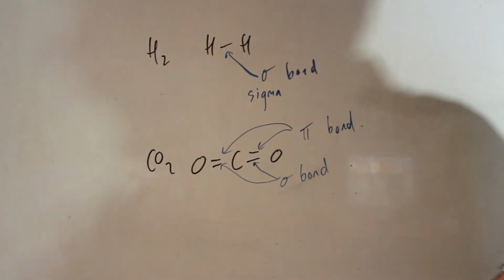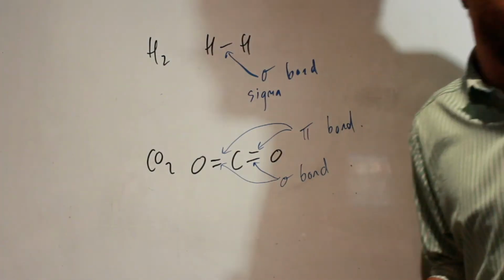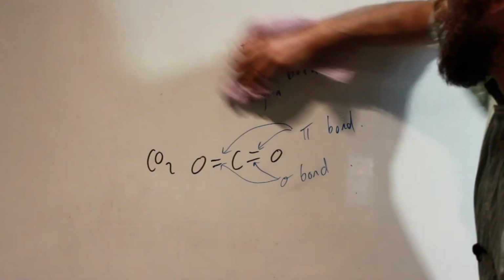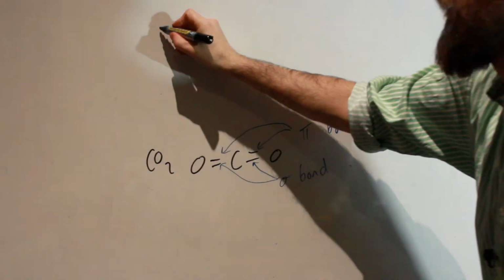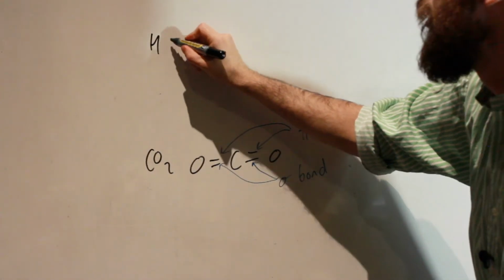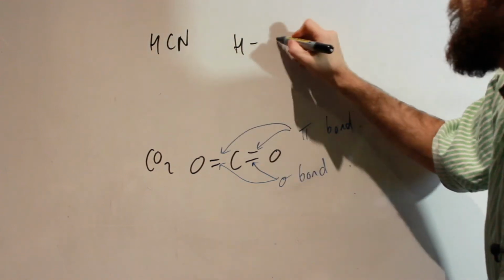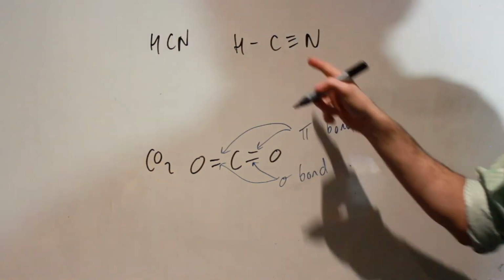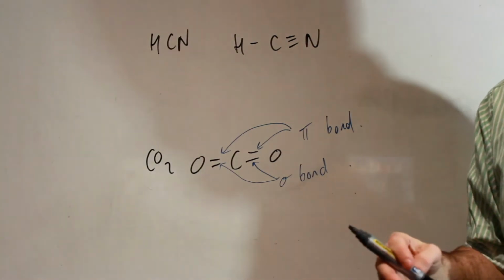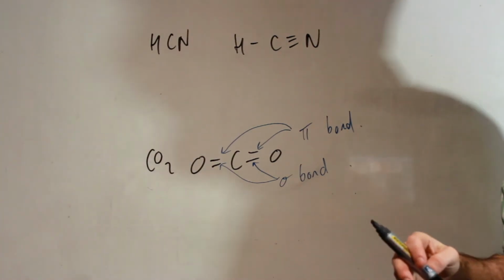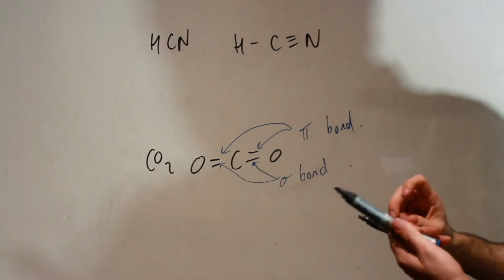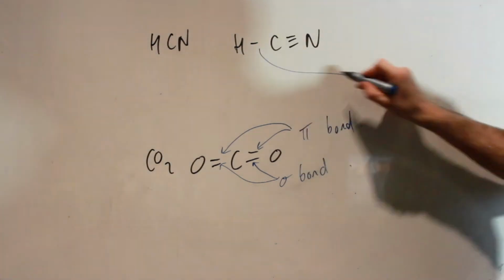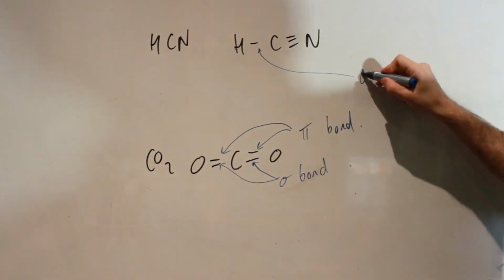Let's look at a third example. Let me get my eraser so I can make some room. Cyanide, HCN, looks like this. Now in this case, we have a triple bond present. So if we were to label the pi and sigma bonds, the single bonds are the sigma bond, so we have a sigma bond there.